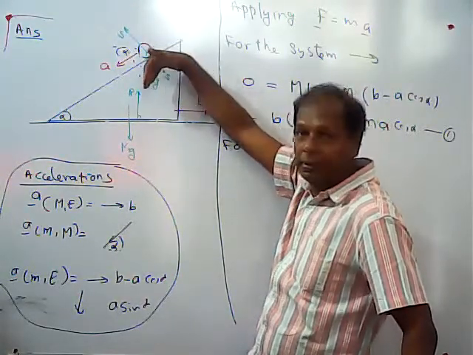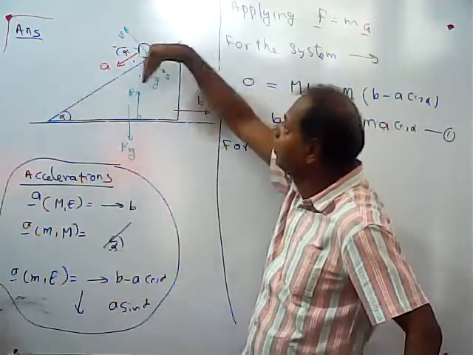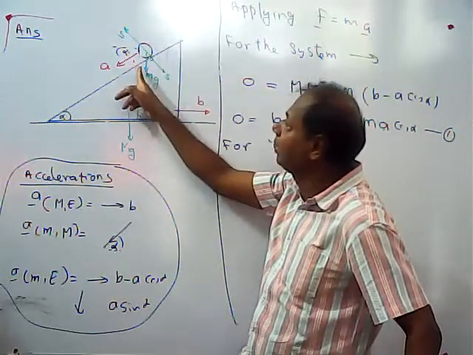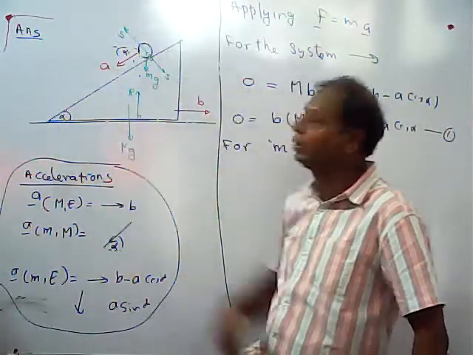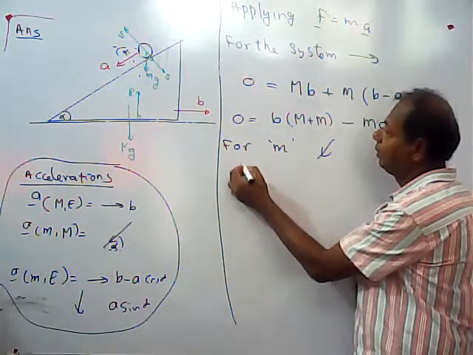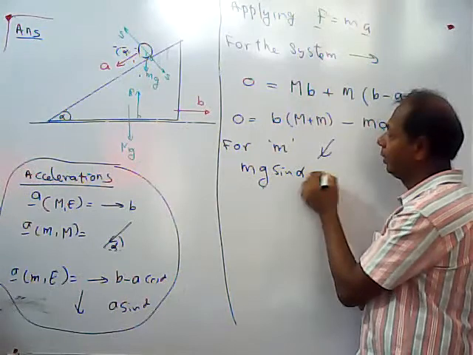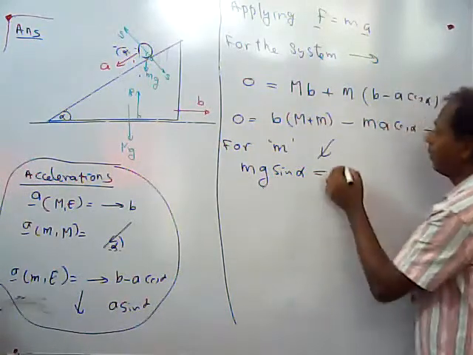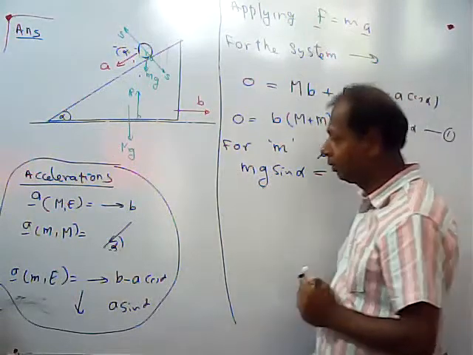So only the component of mg will be there as a force. This angle is 90 minus alpha, so mg sin alpha. So the left hand side is mg sin alpha, equals the right hand side, m times the acceleration of the particle down the plane.